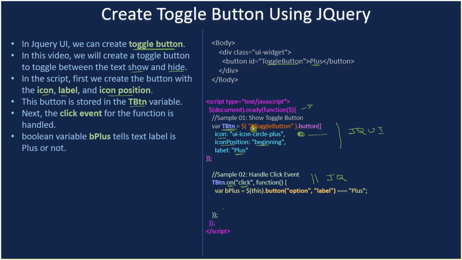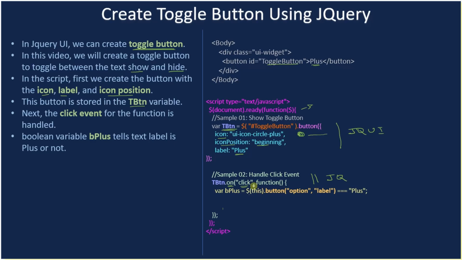We know that we are accessing it through the hash key, the ID. So for one button, you can directly make use of tbtn here. But in future, if you change this selection query and it returns multiple buttons, $(this) will be useful to know which button is handling the click event.